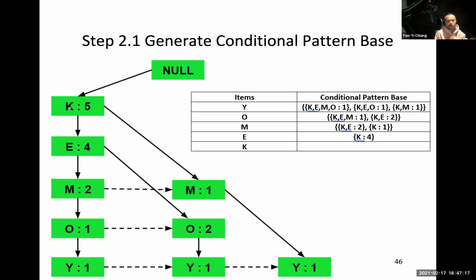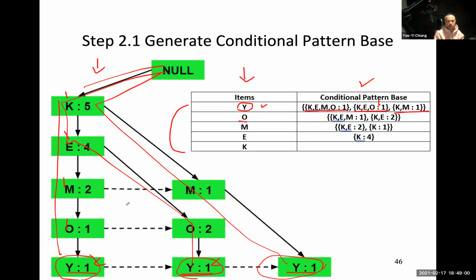And also once, because you have a 1 here. KEO. Do we have other Ys? Other paths that end at Y? Okay, all right, Y, great. KM, and only once. Now we finish Y, we look at O, which ends at O. Now K, E, M, O, once. So KEM.